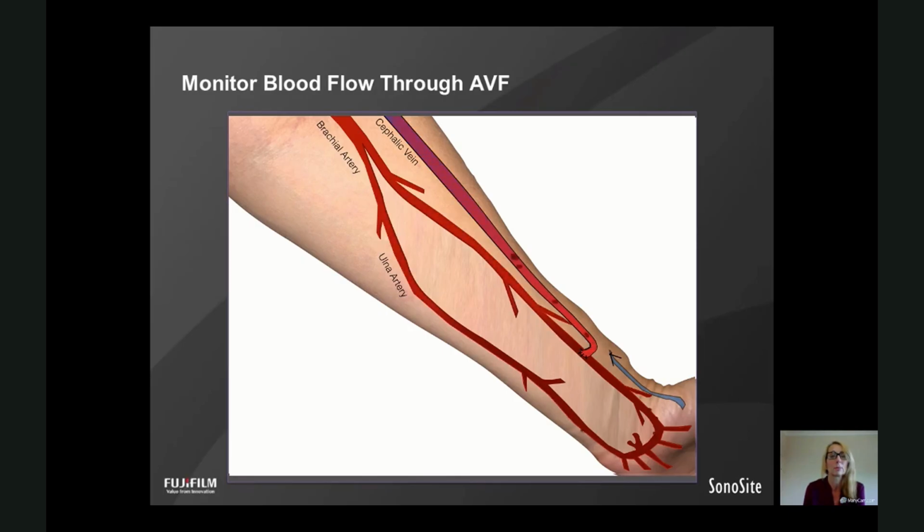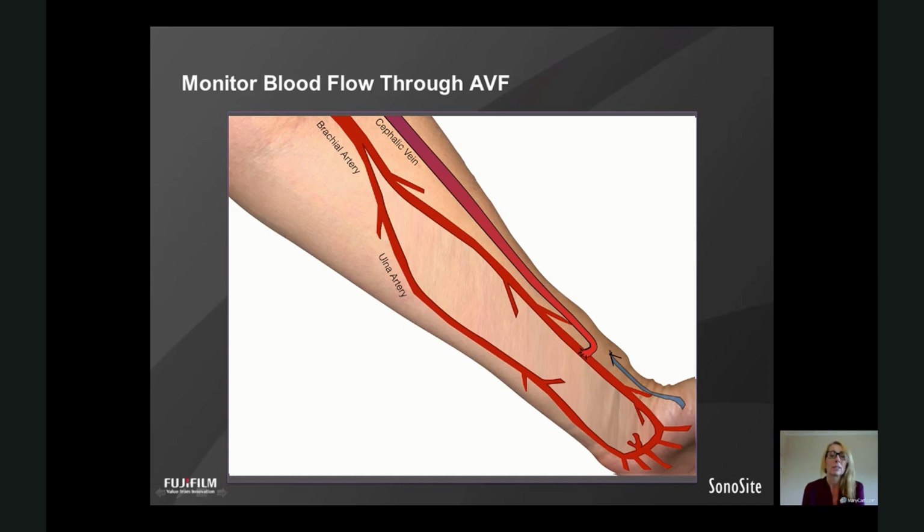If there's an anastomosis at the brachial artery, it'll then travel through the anastomosis. If there's the anastomosis down at the radial artery, it will travel down. A small portion will be continued to the hand, sometimes not much goes back to the hand, and then where the anastomosis is, blood is now able to travel back up the vein and back towards the heart.